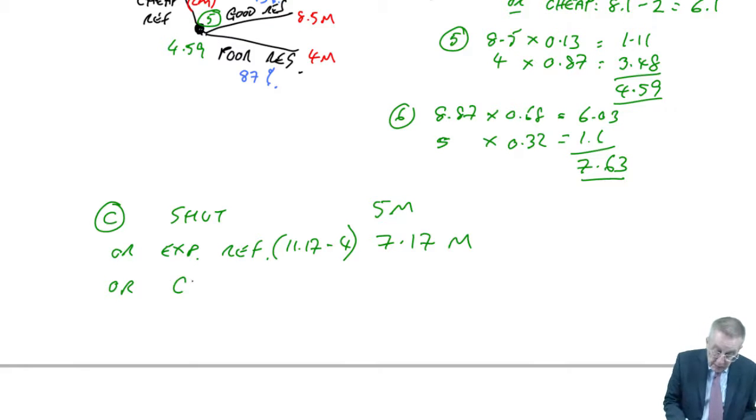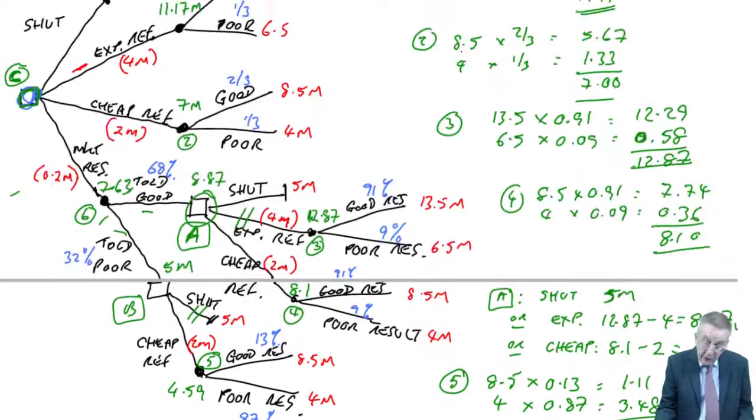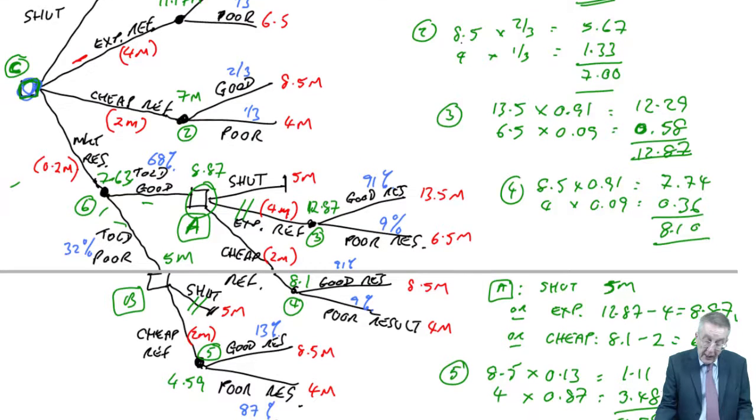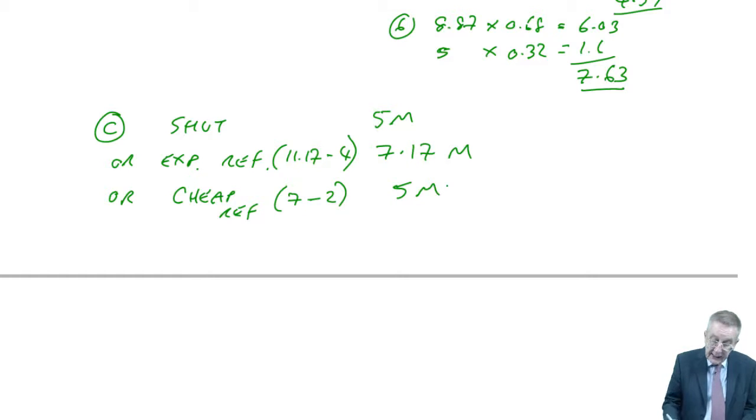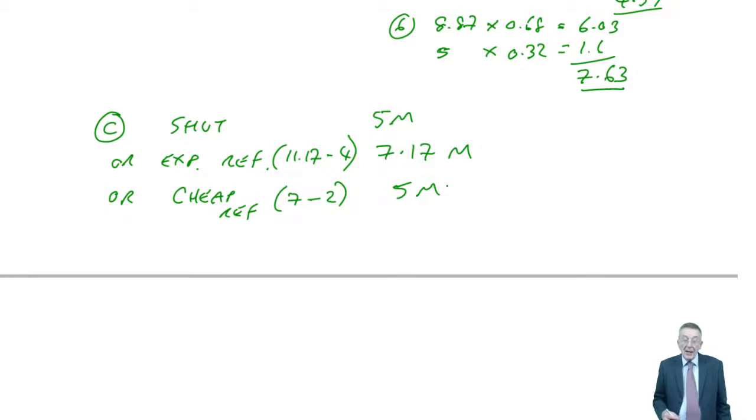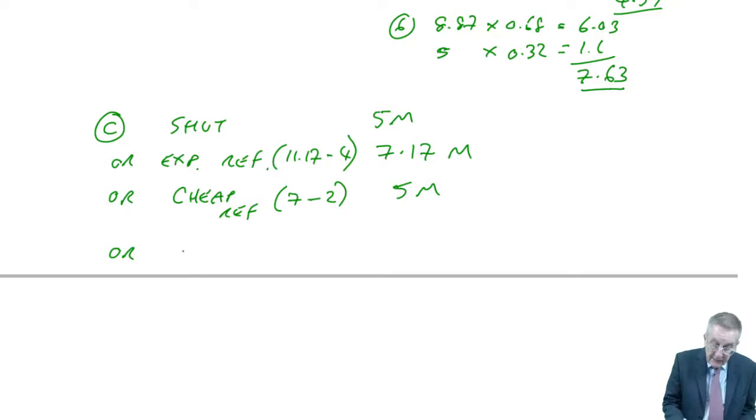Or we do the cheap refurbishment. The cheap refurbishment, we pay out 2 and get back 7. A net 5 million. Or finally, we do market research.